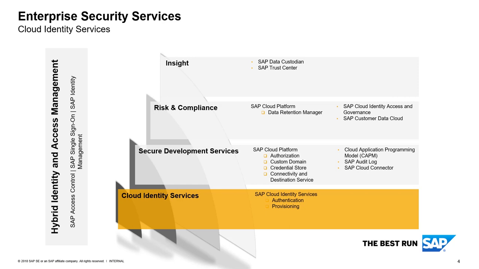Is there a central access hub for all SAP cloud applications? Or how to integrate into my existing Office and on-premise environments? How to integrate also non-SAP applications? Cloud Identity Services provide the security capabilities to answer these questions.